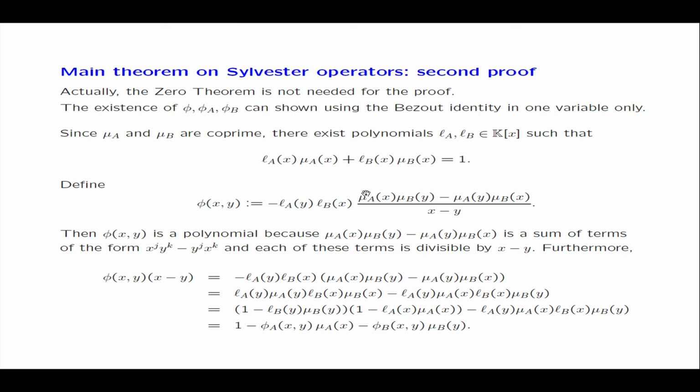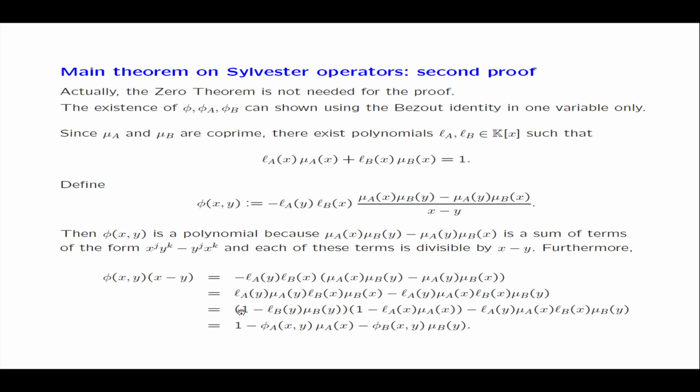So you get indeed a polynomial here. Then you take this polynomial and multiply with x minus y, and okay, I will not go into the details of the calculation, but the result is some polynomial phi of x and y times the first minimal polynomial, and some other phi times the second minimal polynomial.